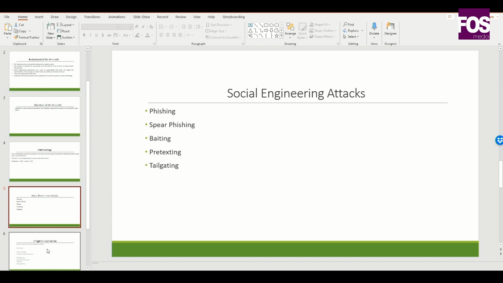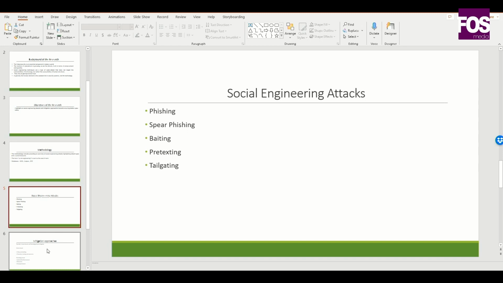Spear phishing is the same as phishing, but in a spear phishing attack, the attacker first gathers some intelligence about you, such as your exact name and your family background.